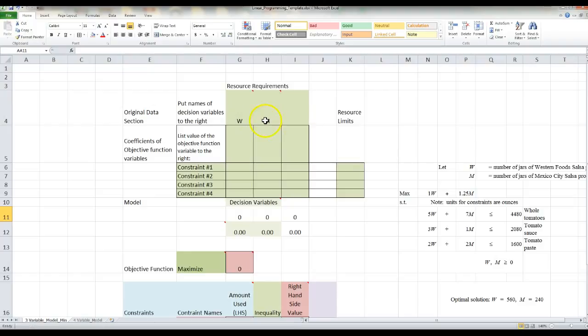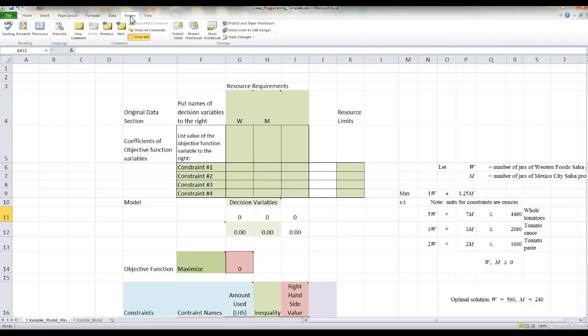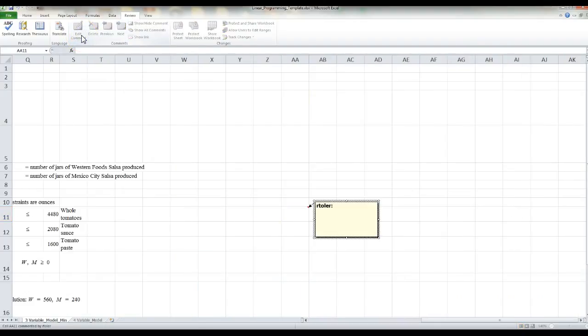And as you can see, I've added a comment here to remind myself what goes in this column. I don't have comments throughout, and those of you who are familiar with Excel should know that if you want to add a comment, you can click on the Review tab, and you can add a new comment wherever you happen to have the cursor.